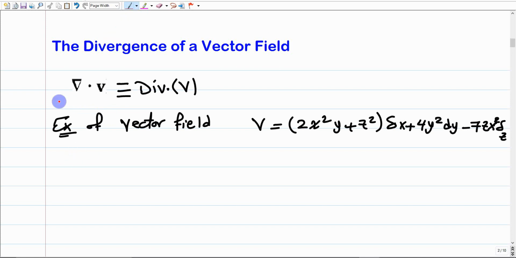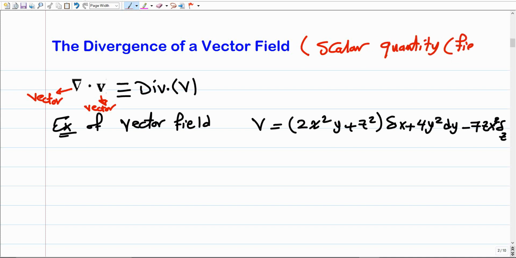The nabla itself, as we mentioned, is a vector, and V is a vector, because we're already working on the divergence of vectors. So the dot product of two vectors should intuitively give us a scalar quantity. Or in other words, to be more accurate, it should give us a scalar field. It means that the divergence of a vector gives us a scalar field. You should understand this point.